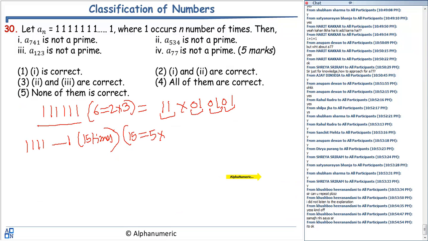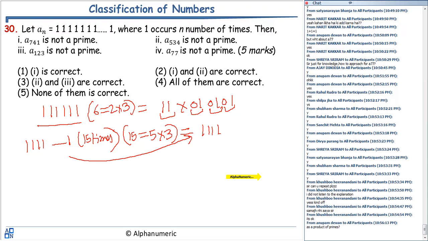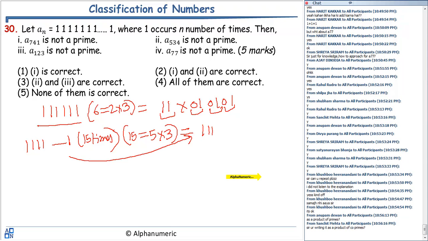So I can rewrite this number as 3 times 1 into 001 with 5 pairs: 001 001 001 001 001. If you multiply this, you will get 15 times 1.